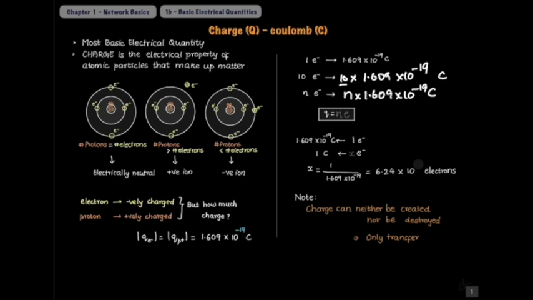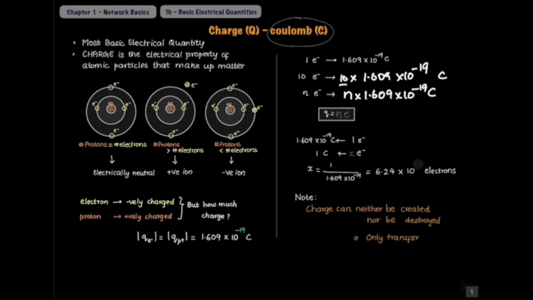Now coming to the quantity coulomb that we are discussing, this is not a very small quantity. A coulomb is a large quantity. For instance, if one electron contributes 1.609 into 10 power minus 19 coulomb, then how many electrons are required to give 1 coulomb?